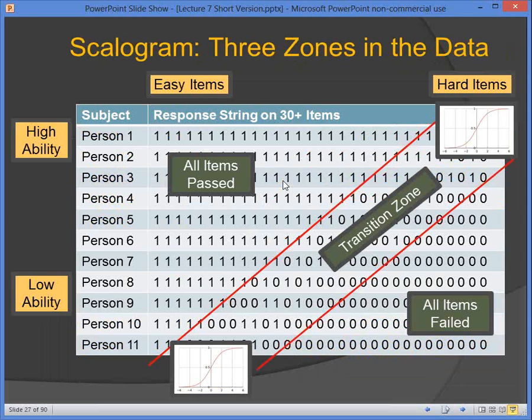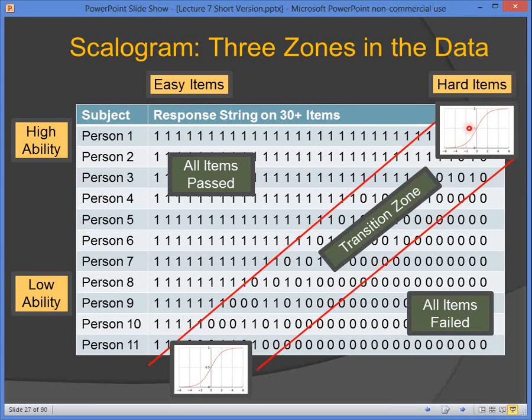If we take the test and we administer it to many different subjects, and we arrange the subjects in a matrix so that those of high ability are at the top and those of low ability are at the bottom, and the easy items are on the left and the hard items are on the right, then we've got this nice scalegram structure here. And you can see here is the logistic curve.